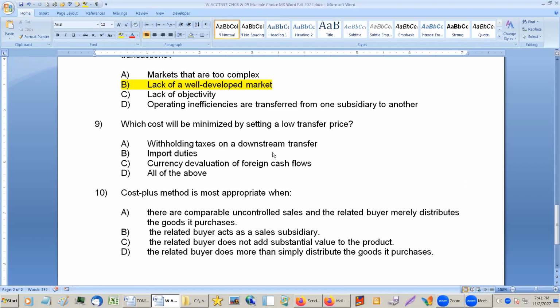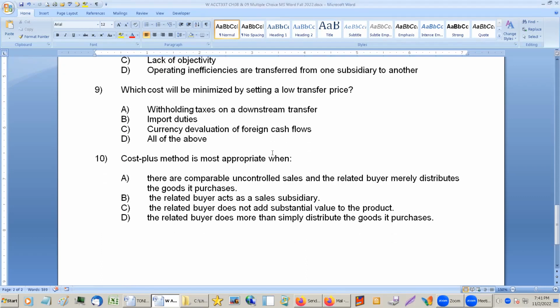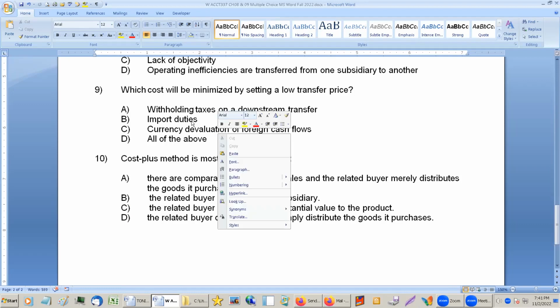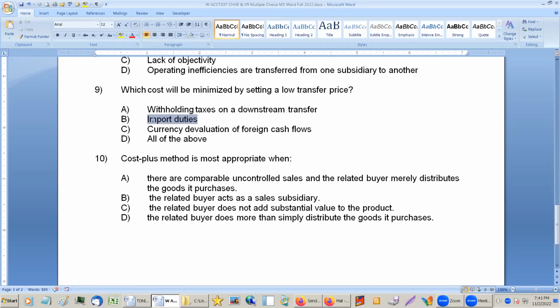Nine, which cost will be minimized by setting a low transfer price? B, yeah, right. Yep, import duties. Lower, because they're based on a percentage of it, usually.